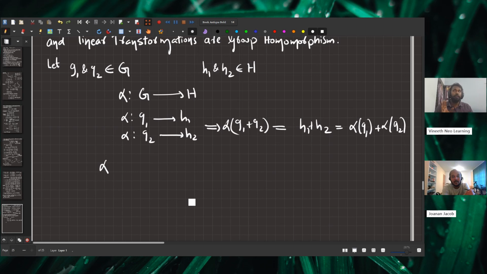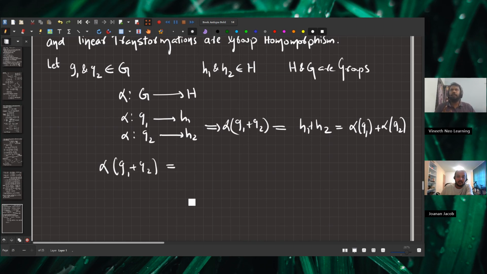Here H and G are groups. This is the definition of homomorphism.